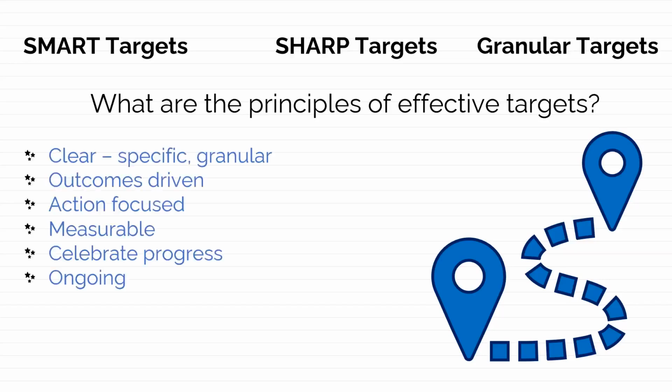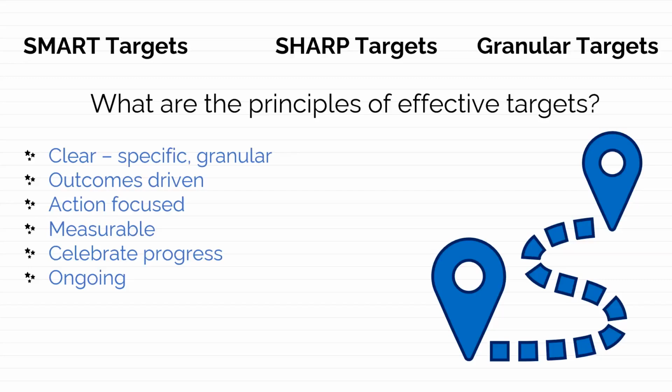I'm going to suggest to you that the first and most important thing about any targets that we're setting as mentors is that they're clear, they're specific, they're granular. We know exactly what the target is, where we're trying to get to. On that, they're outcomes driven. So they're thinking about what the next outcome will be.